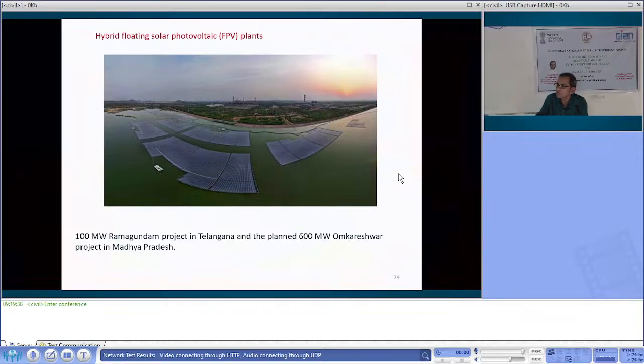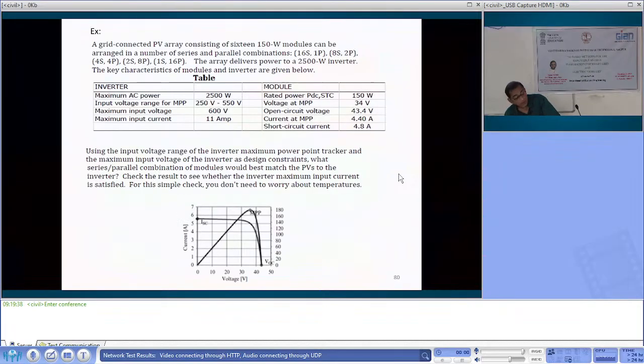What is this new thing that is installed? Already they have garden lighting, connect it to that. So initially there may be some funding problem or issue, but this hybrid means we have two sources, hydro plus floating solar. So this example will be additional, but now I switch over to Sai.